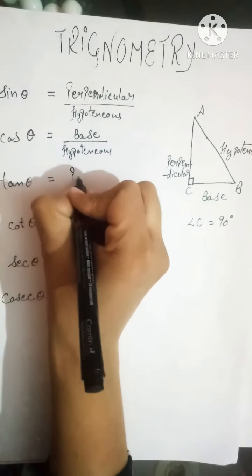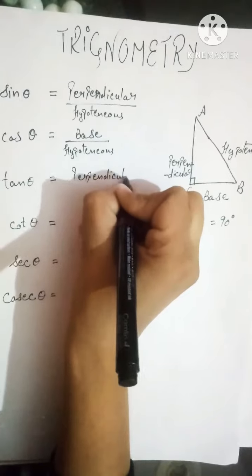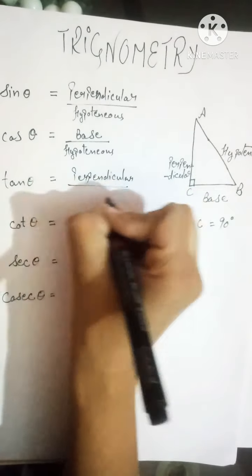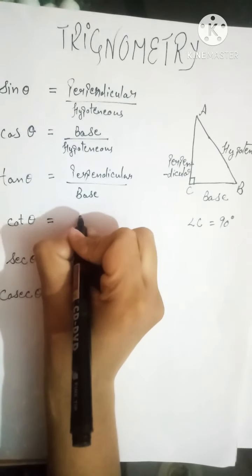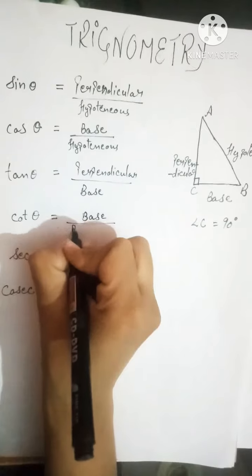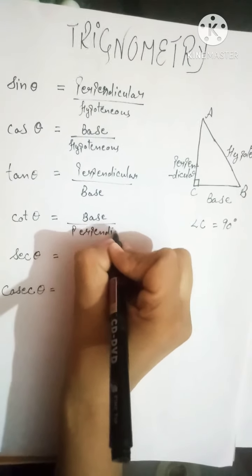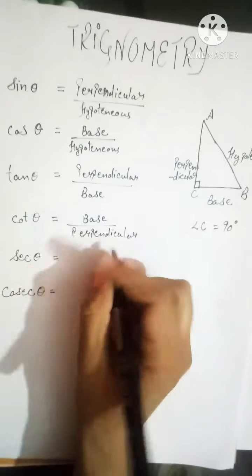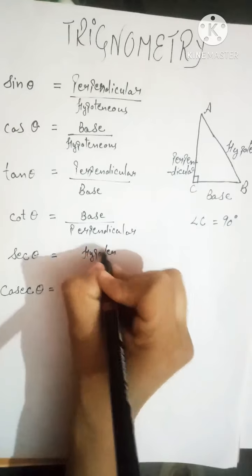Tan theta is perpendicular over base. Cot theta is base over perpendicular. Secant theta is hypotenuse upon base.